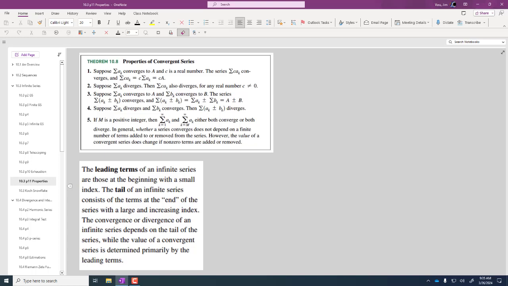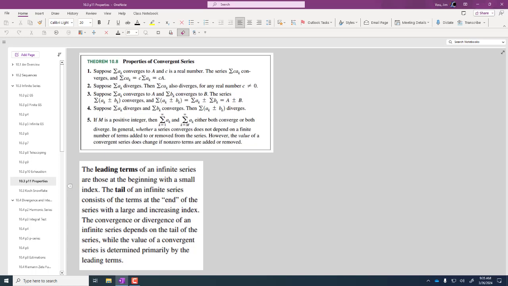And then if we have two series that converge, series a sub k converges to A, series b sub k converges to B, exactly what we think. If we add the two series together or subtract them, the sum is going to converge to A plus B, the difference is going to converge to A minus B. Super intuitive things.